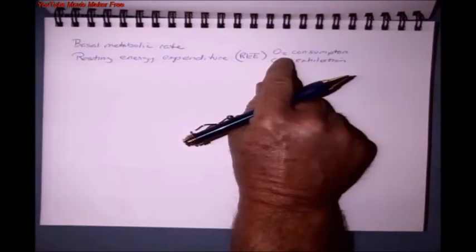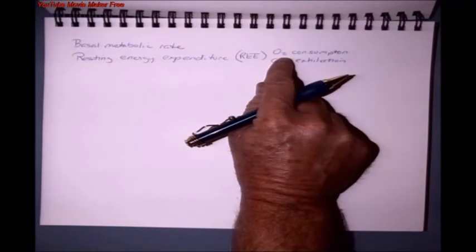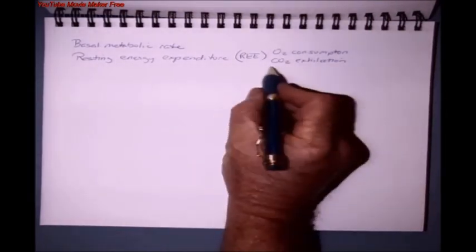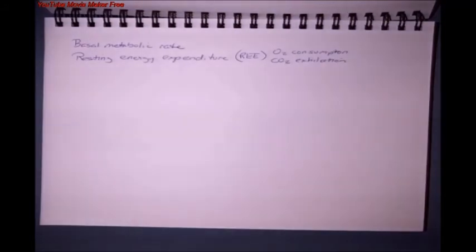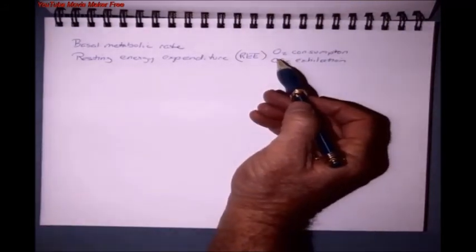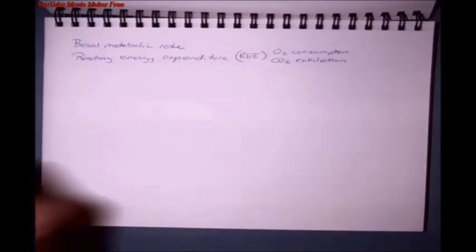Oxygen is consumed by the electron transport chain, so the amount of oxygen used is a measure of your electron transport activity. The amount of carbon dioxide generated reflects how much oxygen you're using and how much CO2 you're generating from these metabolic activities. So this is your basal metabolic rate.